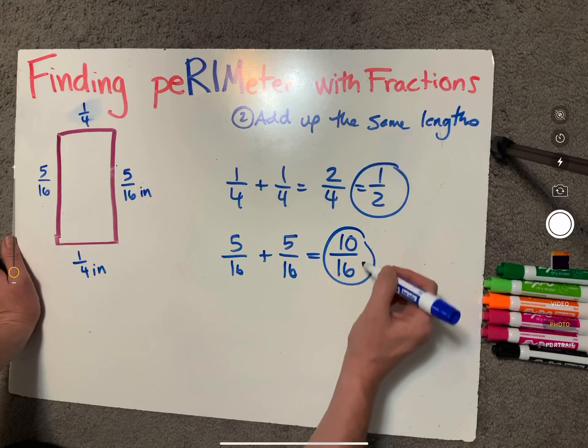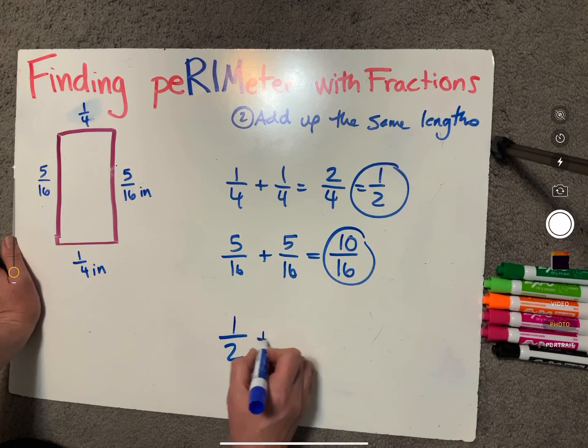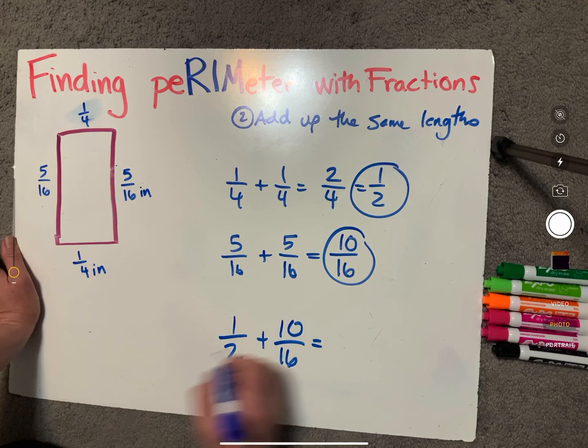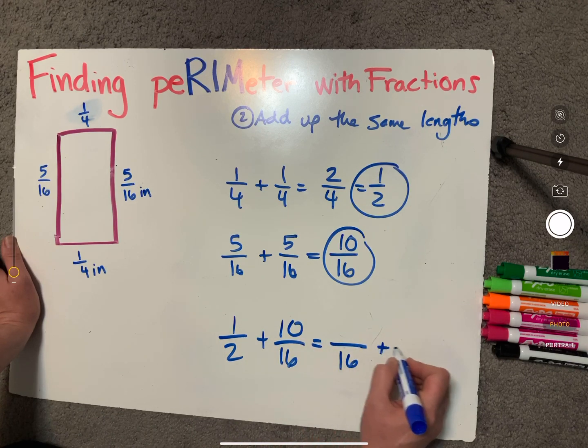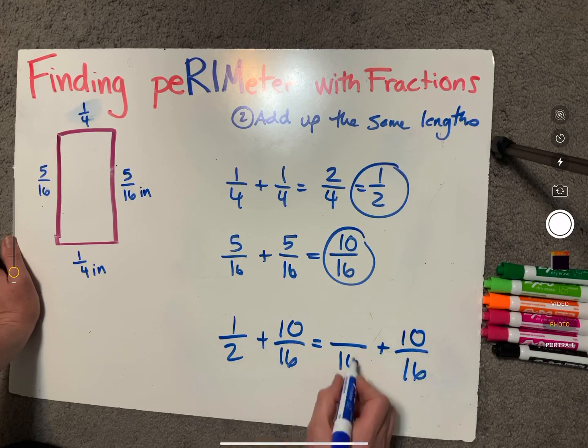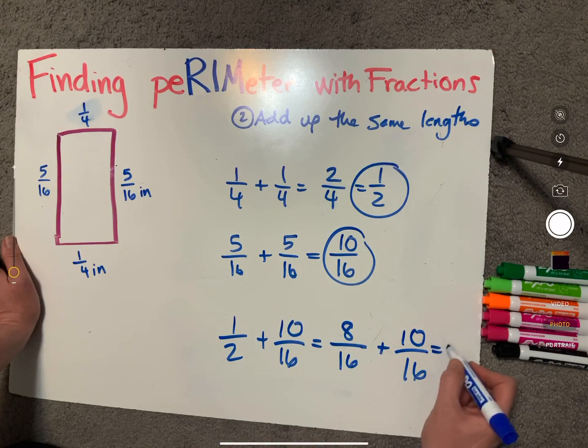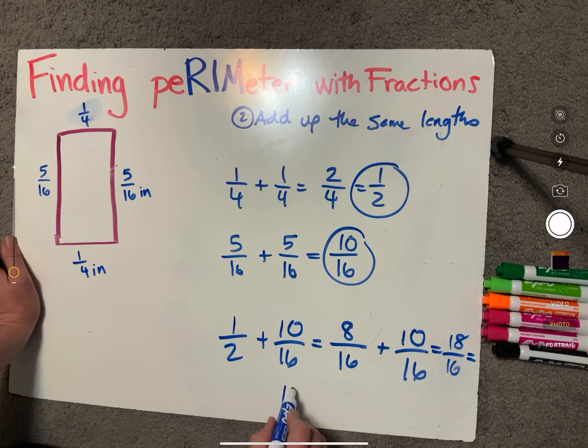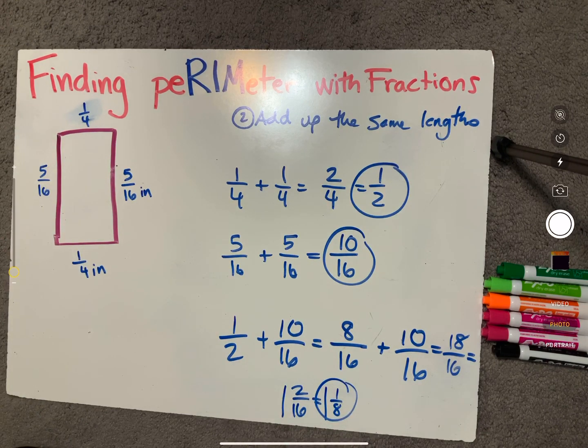And then I can add those 2 up. So I would have 1/2 plus 10/16. So if I was going to make my equivalent fractions here, 2 times 8 is 16. So 8/16, which gives me 18/16, which, same thing again, I'm going to get 1 and 2/16, and if I reduce that, I get 1 and 1/8. Okay, so that would be if you were adding up the same length sides at a time. And that would be my second strategy.